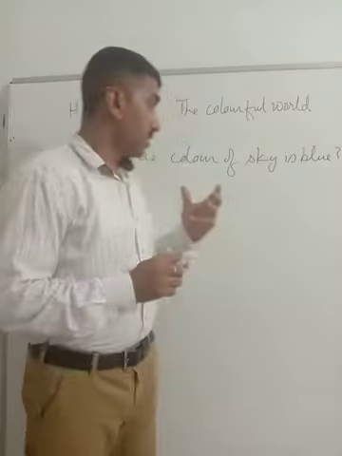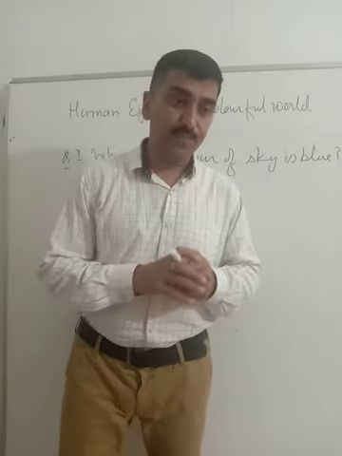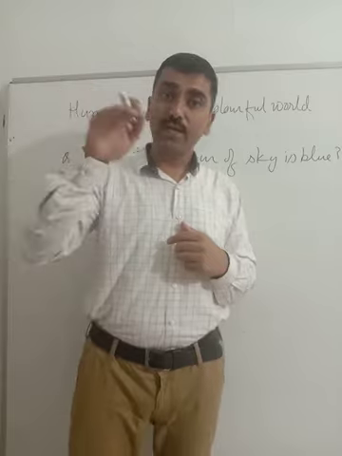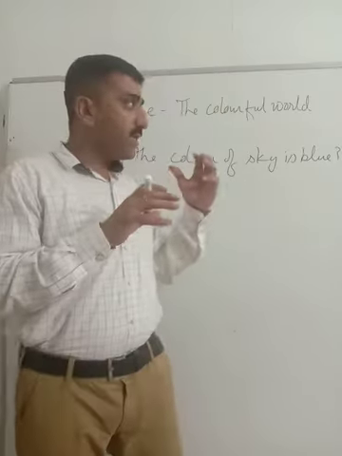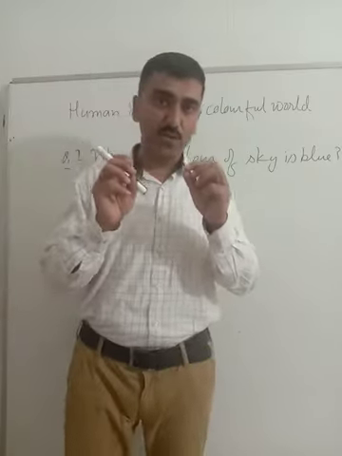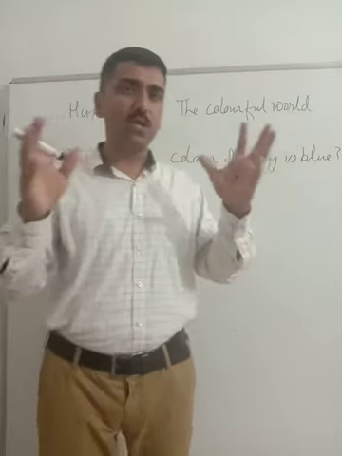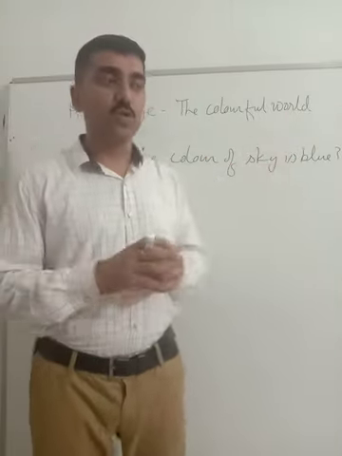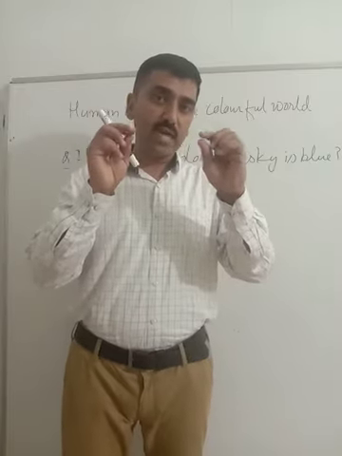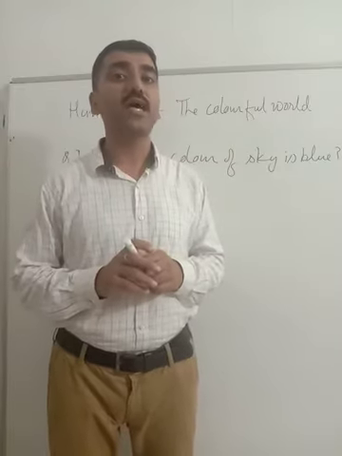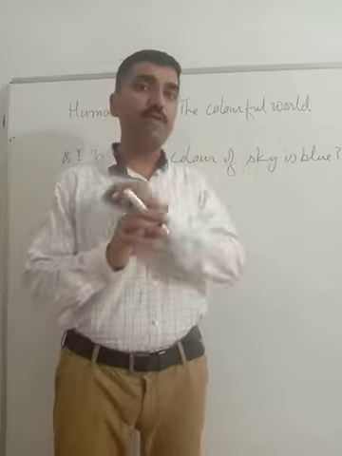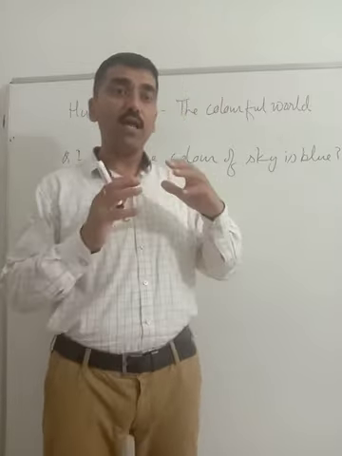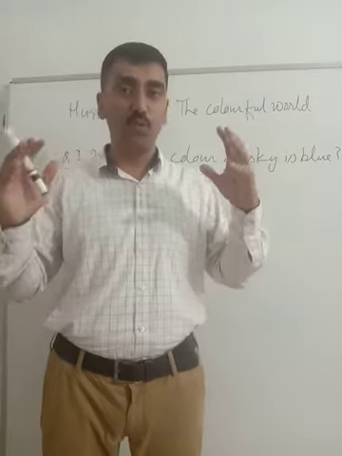See, red color wavelength is very high, violet color wavelength is low, and the size of the scatterer, meaning atoms and molecules which are reflecting light in all directions, matches with the wavelength of the blue color. Because of this reason the color of the sky appears blue to us.